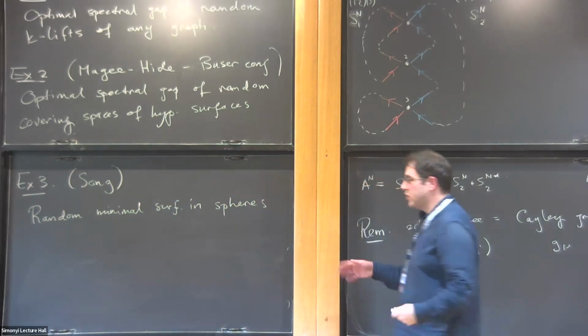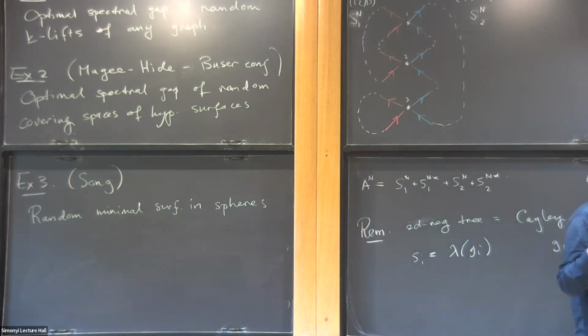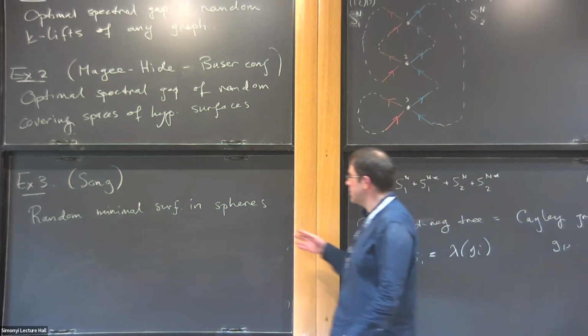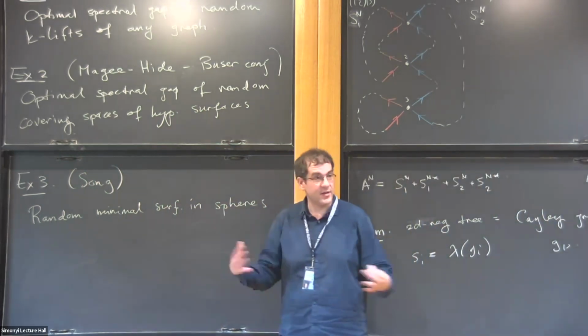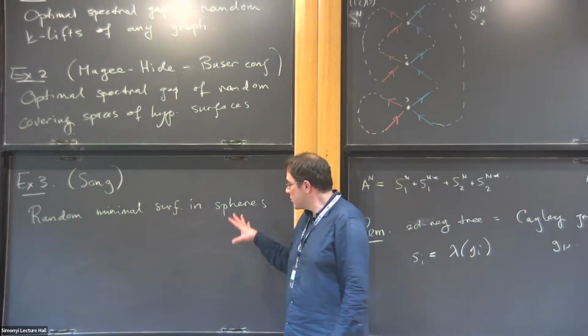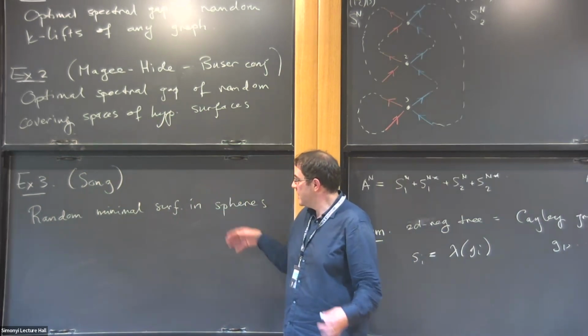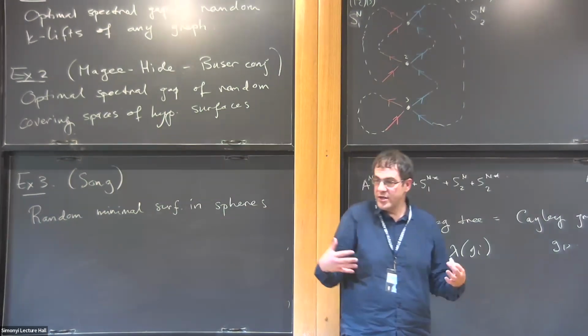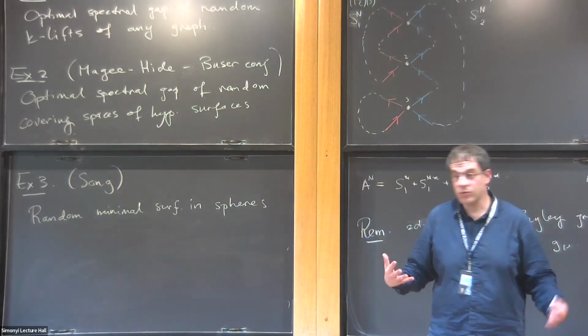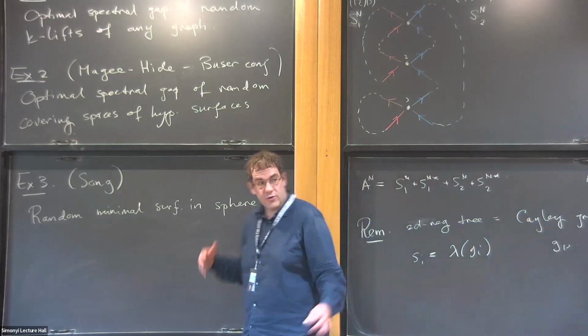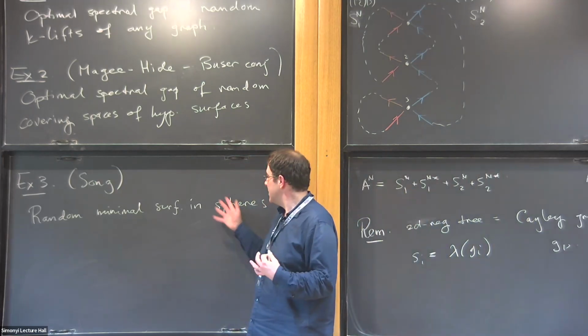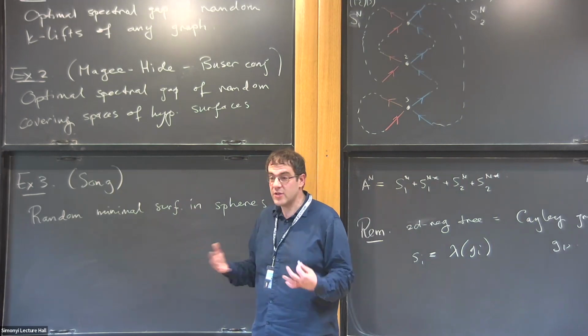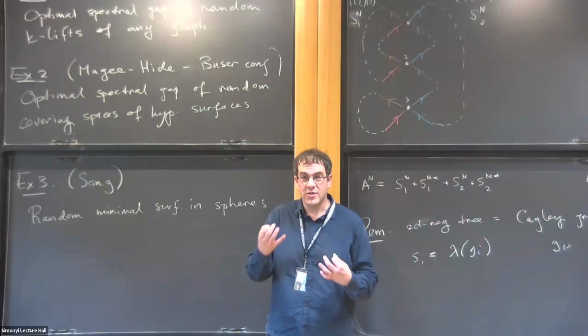There is a whole conjecture of STL that asks whether it's possible to construct minimal surfaces in spheres that have negative curvature. He didn't quite solve that, but what he does is he uses random permutations to enforce some kind of symmetries of his minimal surfaces. Then using strong convergence, he's able to show that these random minimal surfaces almost have a constant negative curvature.